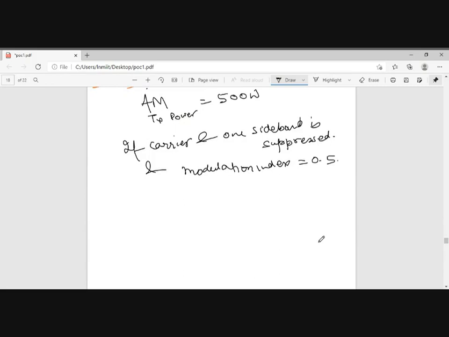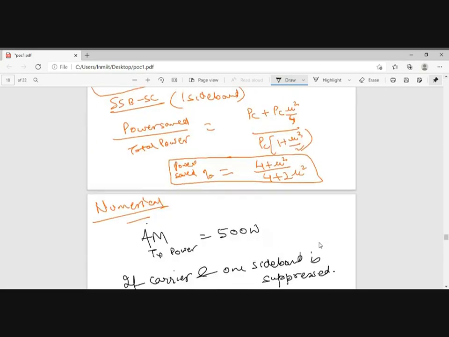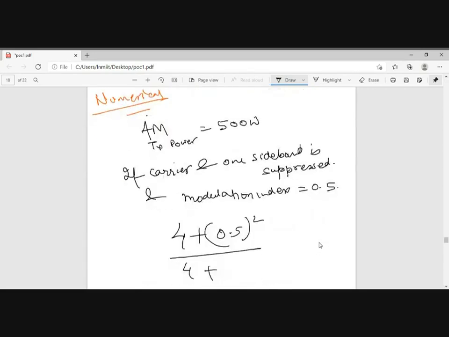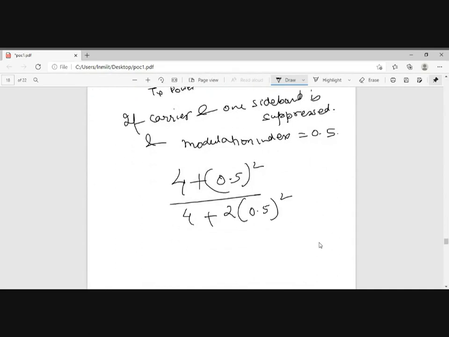You can directly use the formula: 4 plus 0.5 whole square divided by 4 plus 2 into 0.5 whole square. Solve this. So this will be the power saved percentage.